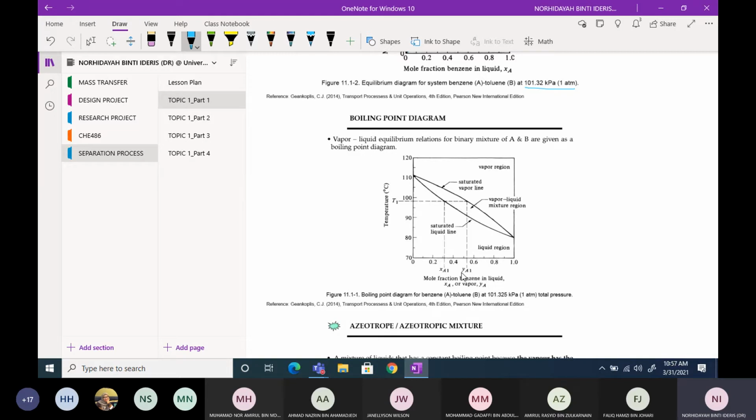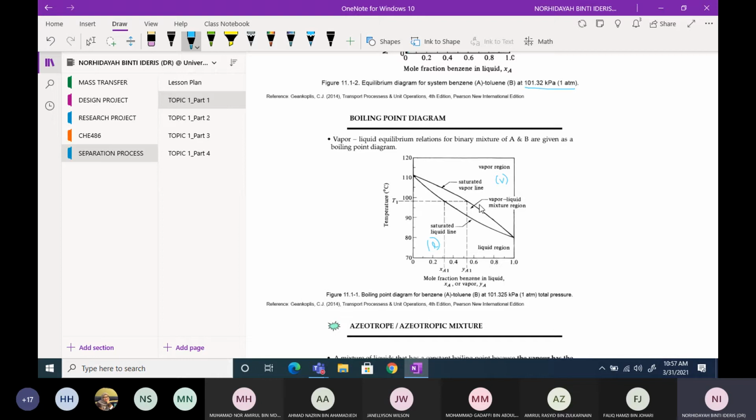YA, because here you have the vapor region, where the component exists in vapor. You have a liquid region, which you know is behind this line, this area, where all the components exist in liquid form.